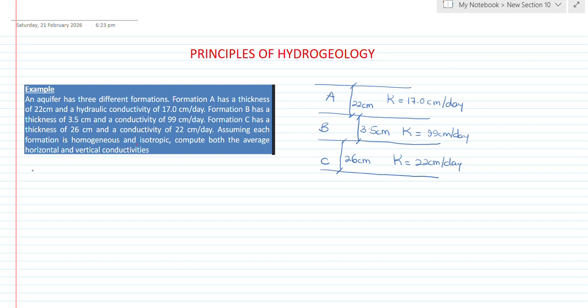If the formation is homogeneous and isotropic, it means that the K vertical for A is also equal to the K horizontal for A, the K vertical for B is equal to the K horizontal for B, and the K vertical for C is equal to the K horizontal for C. So the K vertical is the vertical hydraulic conductivity, and the K horizontal is the horizontal hydraulic conductivity.